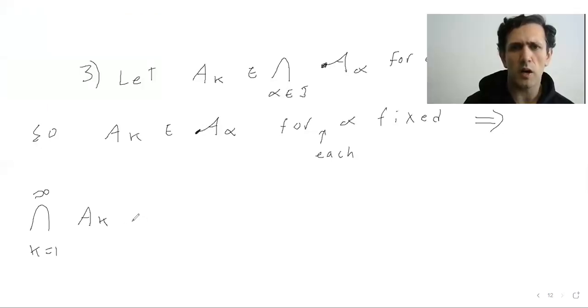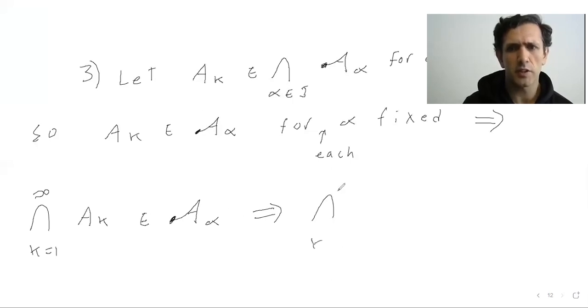Right, so A_k for each natural number k is in the sigma algebra. Because it's a sigma algebra, the intersection is in this sigma algebra. And because this is true for each alpha fixed, the countable intersection of these A_k is in the intersection of all of these. And that finishes the proof.